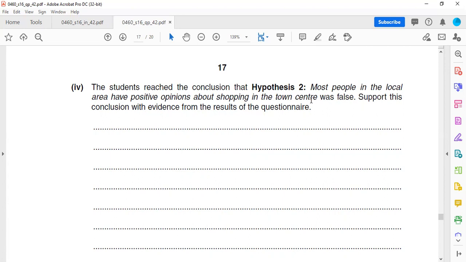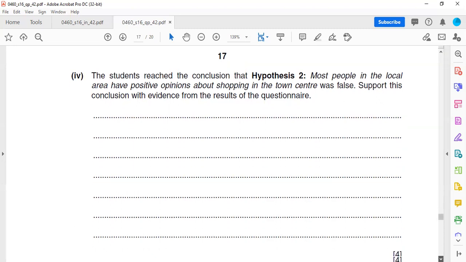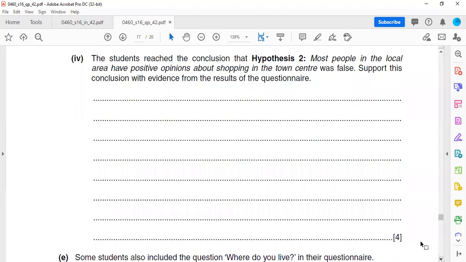Only 12% visit the town center, 88% shop away from town centers. The largest disadvantage has 77 responses, the largest advantage only 39. So 77 to 39. I think your answer has to be comparative. You have to compare it. So these 4 marks mean 4 clear statements with figures. Do you get it? Okay.